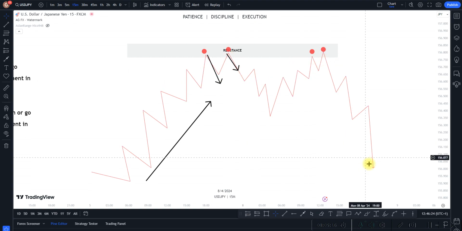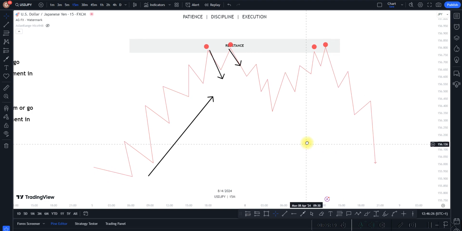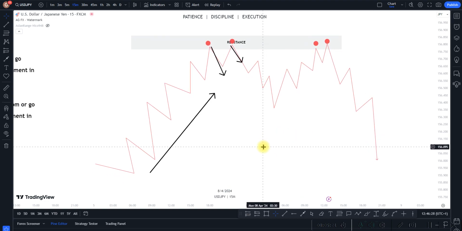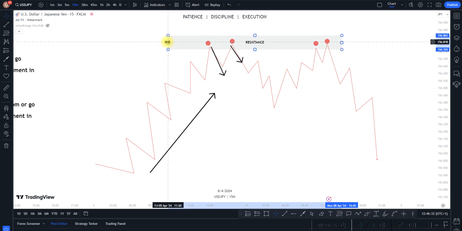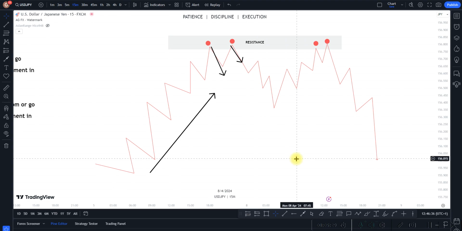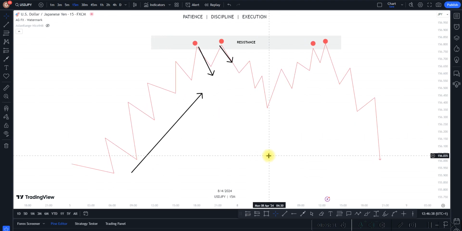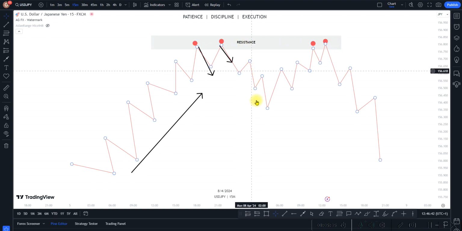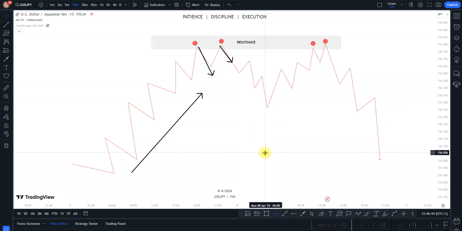We started seeing the market pushing downward. So as traders, we are waiting for zones like this to take a sell from. We don't just sell from any point in the market. We wait for this kind of zone, which is a resistance zone, to take a sell from. I believe this is understood from this diagram.